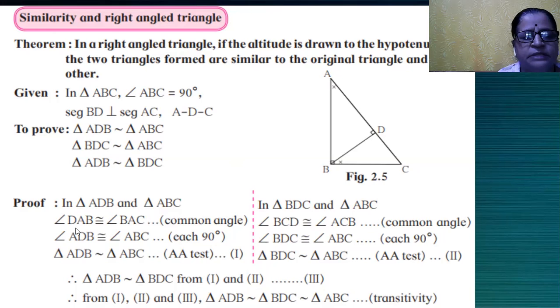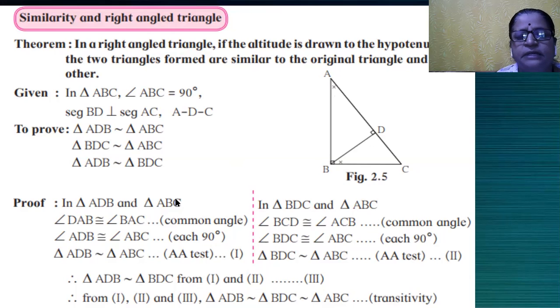Here we are going to take the first pair, that is triangle ADB and ABC. Here you can see that angle DAB is congruent to angle BAC, because this is a common angle. Here this angle is common for both triangles.